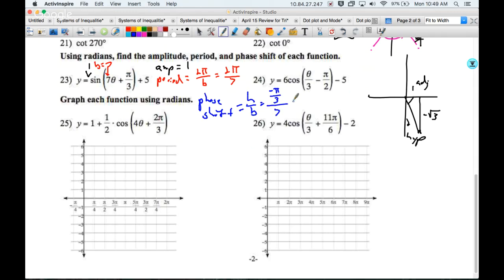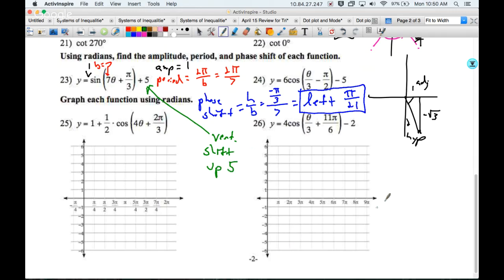Divided by 7, copy dot flop that, and we would get, and I like to just write left or right, it's going to be going left pi over 21. So the negative tells me it's going to the left, pi over 21. And then that 5 at the end gives us the vertical shift. Vertical shift up 5.